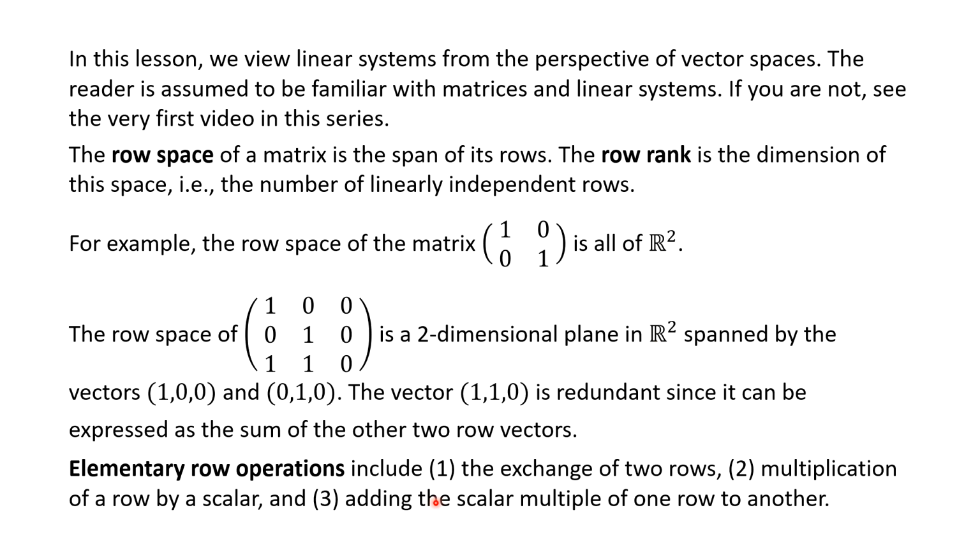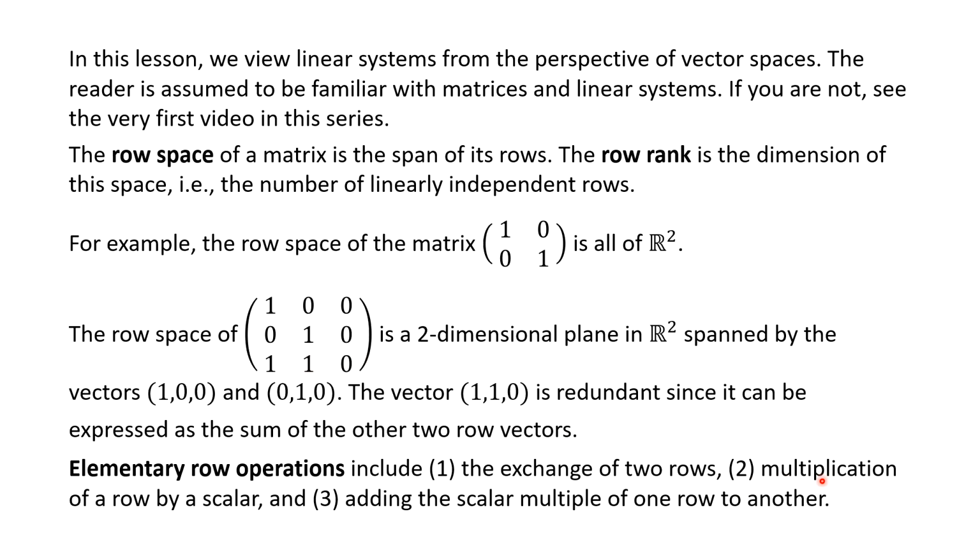And it's something we've seen in the first lecture. It's a matter of using these row operations to reduce our matrix down to what's called the upper echelon form. I'll talk about that in a minute. But the elementary row operations are exchanging 2 rows. That doesn't change anything in terms of the dimension of your row space.